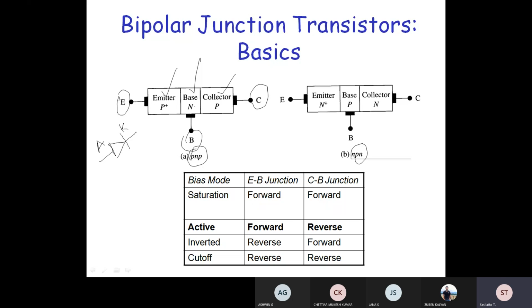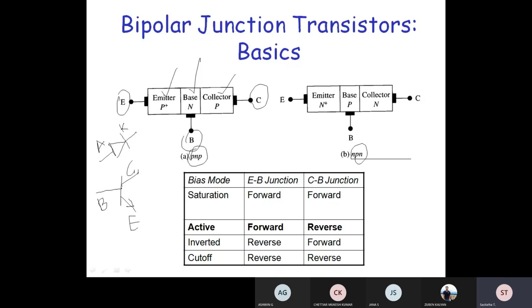Now in a BJT, or bipolar junction transistor, the symbol will be like this, which you may have studied in physics or in +2. This is your emitter, marked with an arrow, this is your base, and this is the collector.